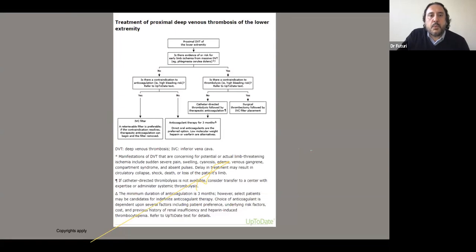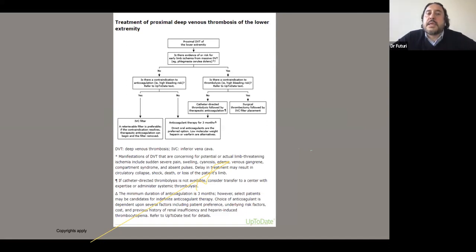So when we are looking at treatment of lower extremity proximal DVTs, this is just a quick chart that you can look at. Is there evidence or risk for early limb ischemia from a massive DVT? If the answer is yes, if there is a contraindication to thrombolysis, for example, there's no bleeding risk, some of these patients should go for thrombectomy. Now, some of you may question thrombectomy.